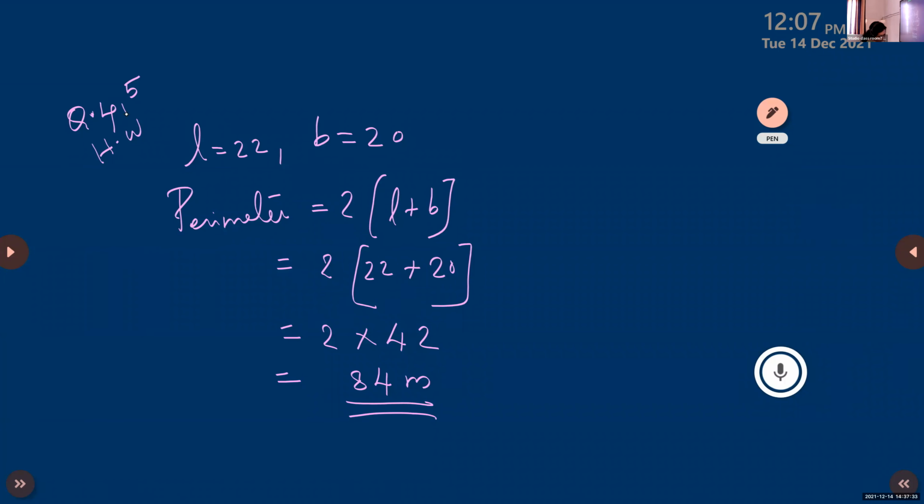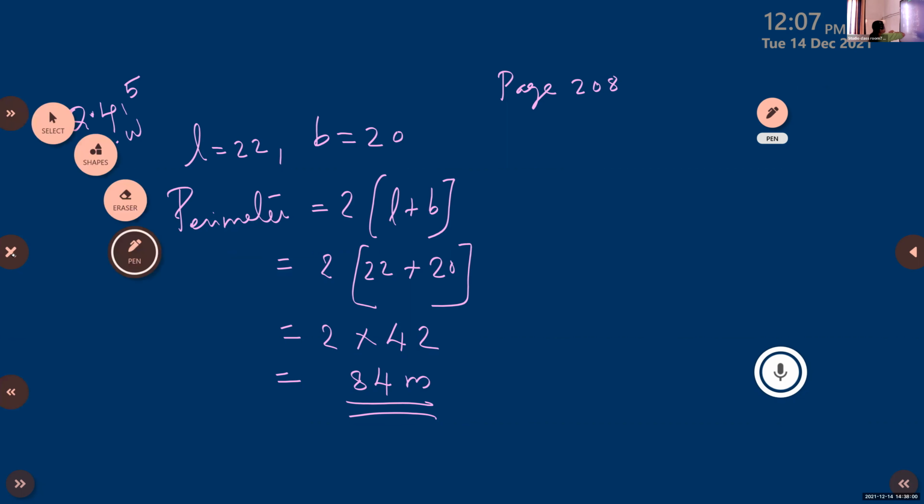Exercise 11.1, page 208. Question number 4 and 5. That is easy, you can do it. Same type of problem.